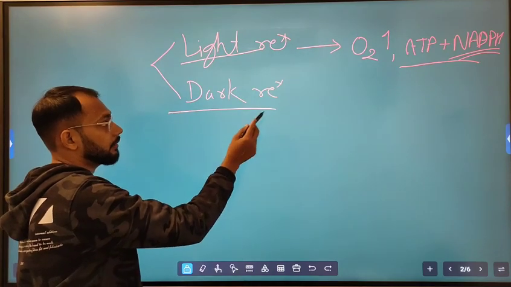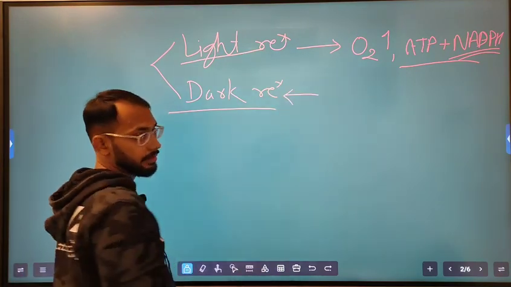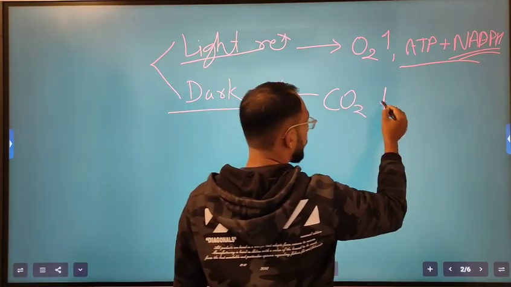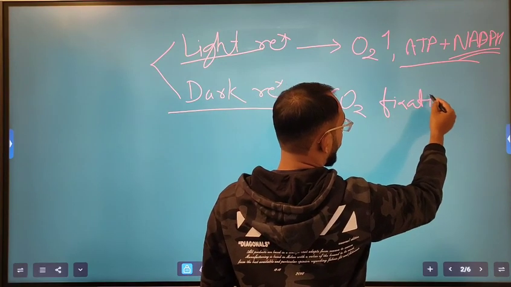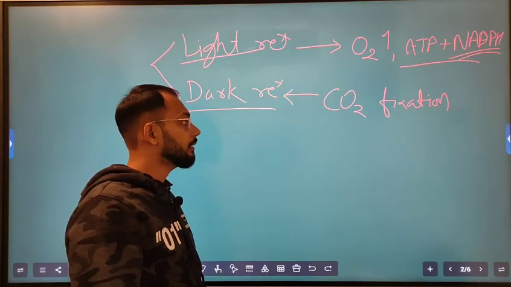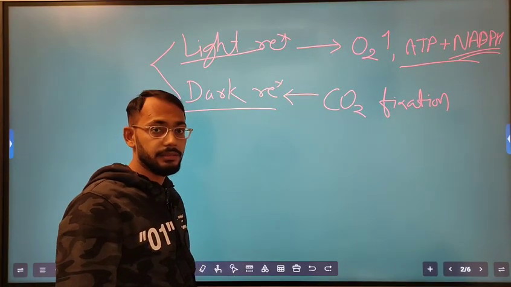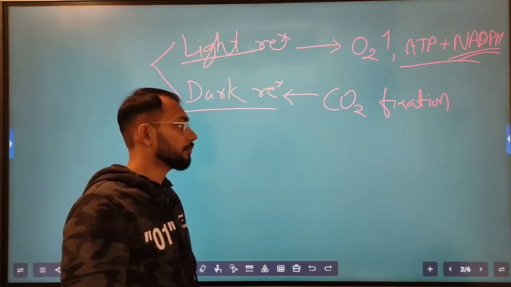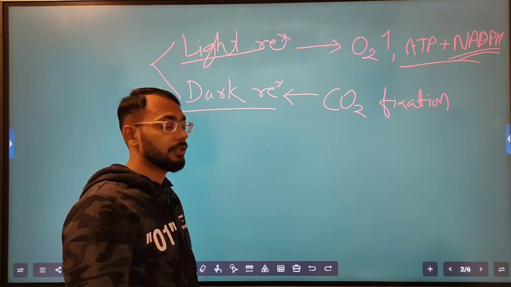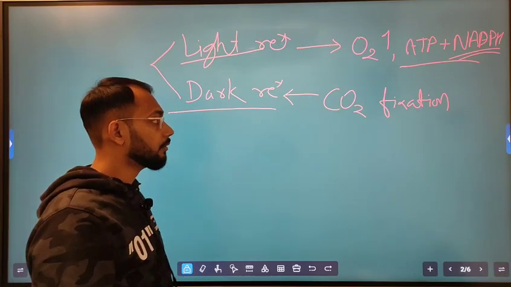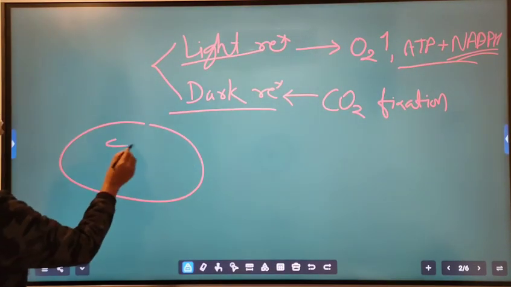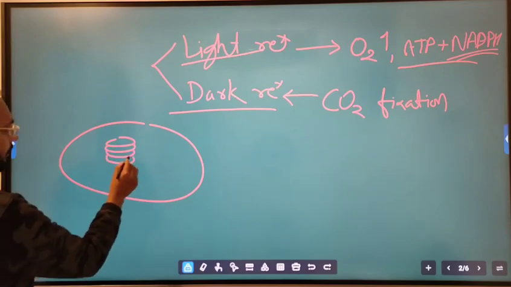So in the dark reaction, carbon dioxide fixation happens. In the atmosphere there is carbon dioxide, and that carbon dioxide enters the plant leaf through stomata, diffuses and reaches the chloroplast. Inside the chloroplast stroma, this is the chloroplast, here grana thylakoid structures.